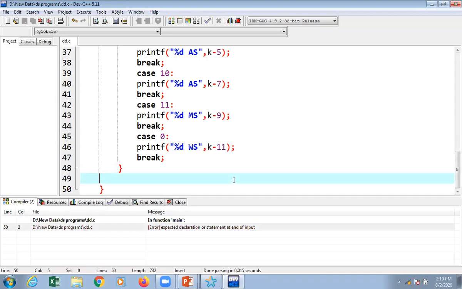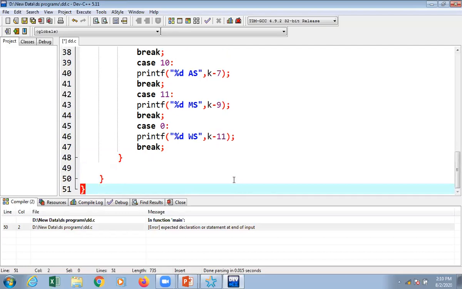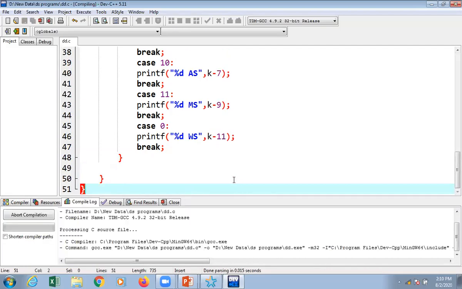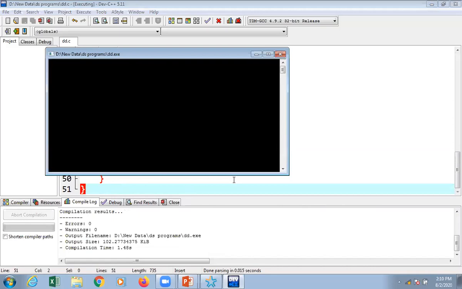The error says expected declaration at the end of the input. One bracket is less. So suppose I take 3 test cases, and for the first test case, suppose it is 52, and for the next test case 92, and the next test case is 1.